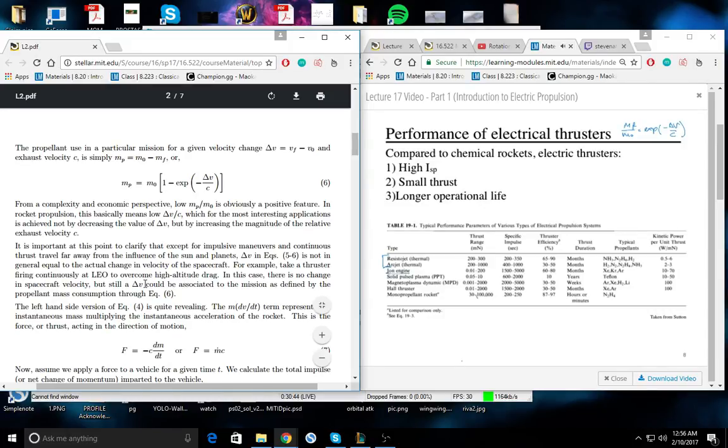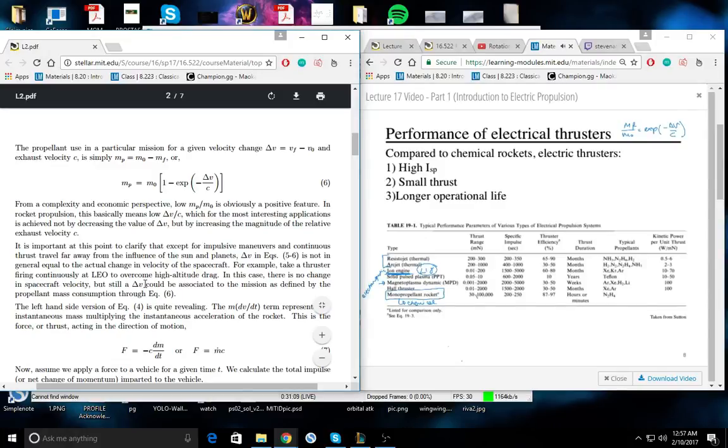The ion engine is what we will do in lecture 18, and this is the classical example of an electrostatic thruster. Then the magnetoplasma dynamic is the one example of electromagnetic. And just for comparison, the last rocket is a chemical example.